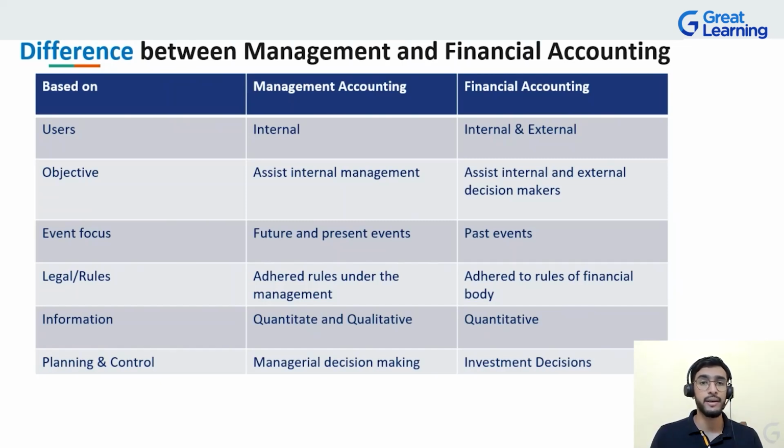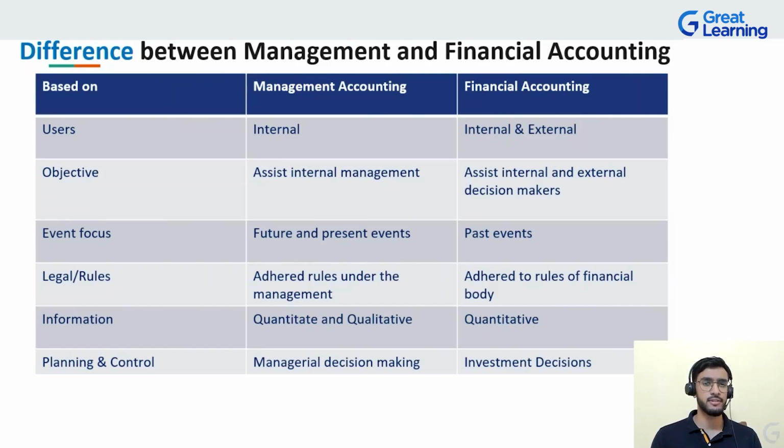After this, he does a qualitative analysis about forecasting or formulating plans, and works out how much amount will be required for the expansion or the course of action into new businesses for the company. So that's the qualitative analysis that management accounting does. So that's one major difference: management accounting works on both quantitative and qualitative data, and financial accounting works on only quantitative data.